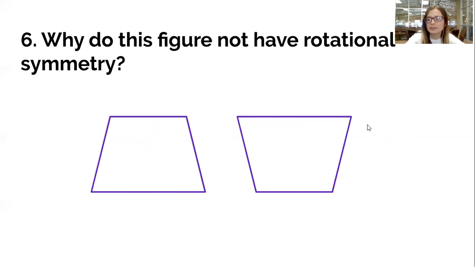Before I rotated it, my base was long and my top was short, and after we rotated it, my base is short and my top is long. So after we rotated it, it does not look like the exact same figure, so therefore it does not have rotational symmetry. Thank you, guys.